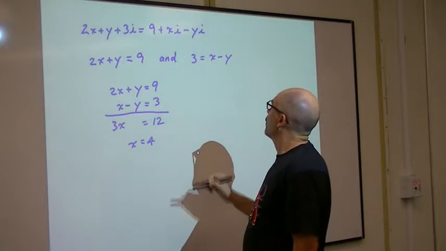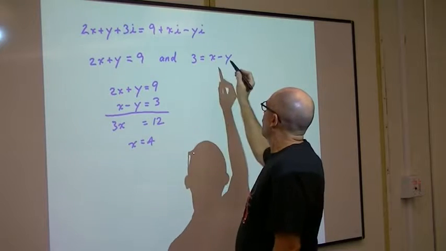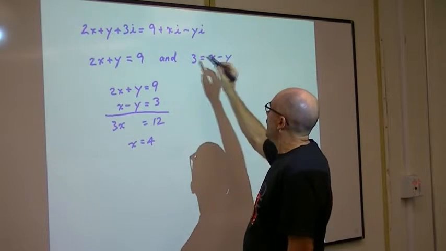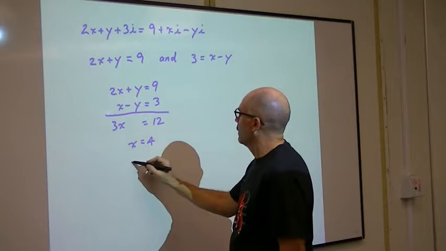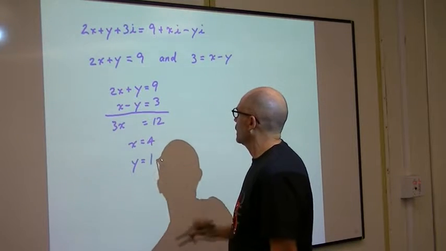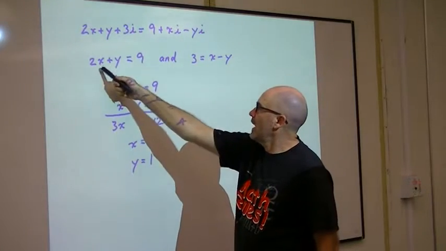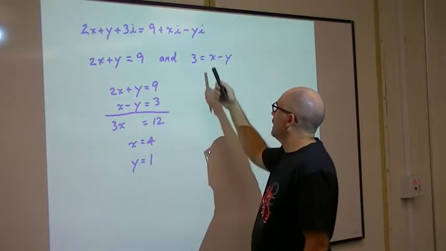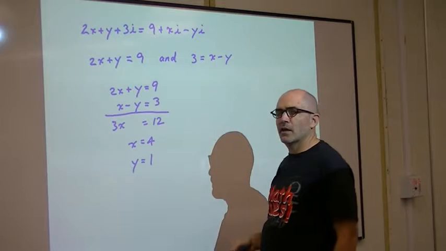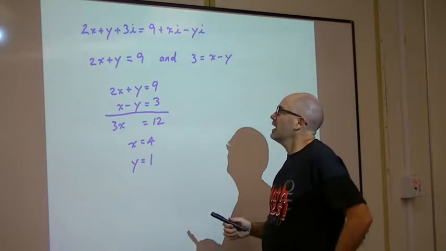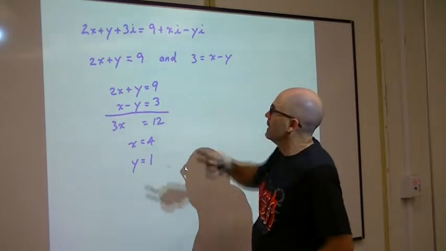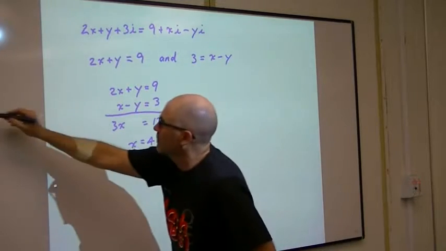Now, if x equals 4, then 4 minus y has to equal 3. So clearly y has to be 1. Now, notice I've got 8 plus 1 equals 9, and 3 equals 4 minus 1. Those both check. And so I can put it back up in the original equation then.